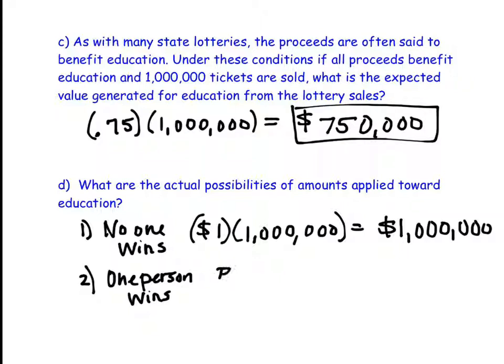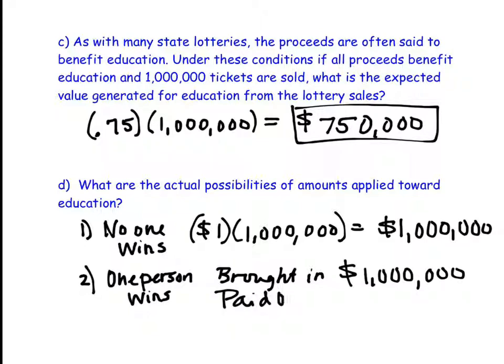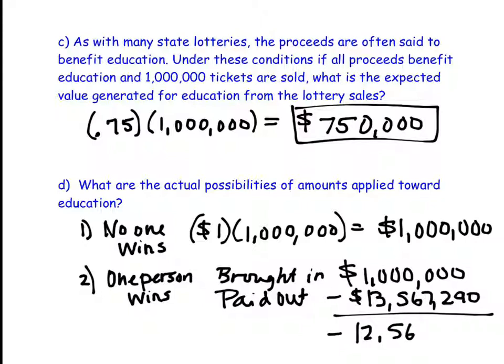So they brought in $1 million, and then they paid out to the winner or winners $13,567,290, right? That's how much they paid out. So what happened to the state budget? What happened? The state lost money to the tune of negative $12,567,290.